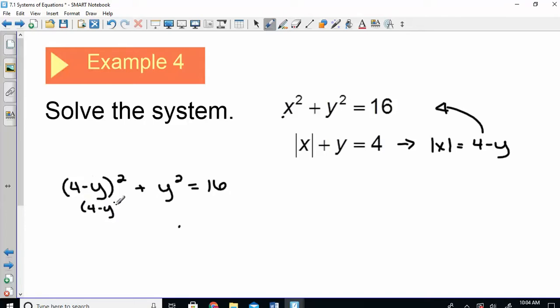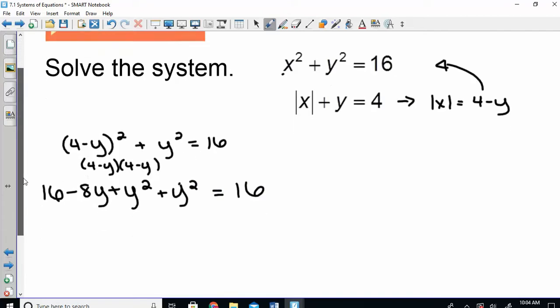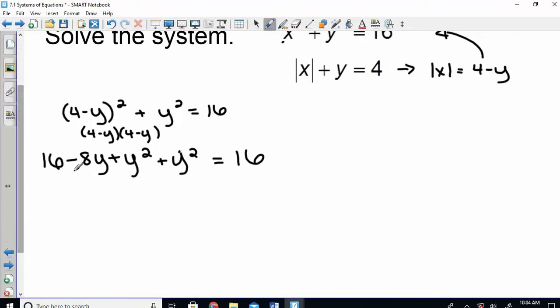Okay, so if I have 4 minus y squared, that means you have it twice. So you have to FOIL. So we get 16 minus 4y and minus 4y, so minus 8y plus y squared plus y squared. 2y squared minus 8y plus 16 equals 16.